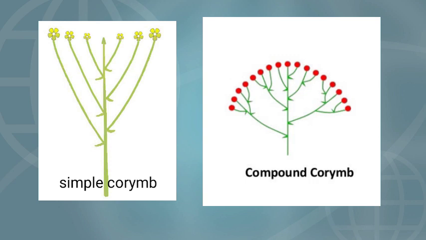In simple corymb, the peduncle grows indefinitely, which is indicated by the arrow mark, and it contains pedicellate flowers in an acropetal manner. The basal flowers have long pedicels, the upper flowers have short pedicels. Due to this, all appear at the same level. In compound corymb, it is branched. Each branch represents a simple corymb.